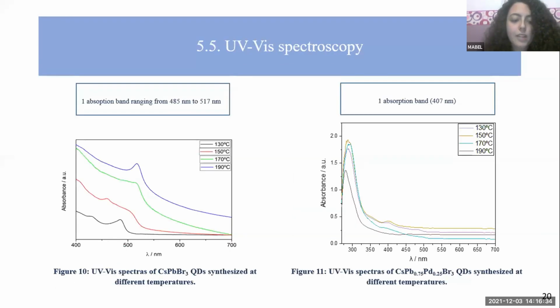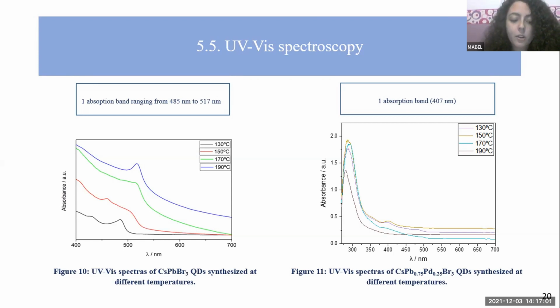To finish the characterization part, I am going to talk about the obtained ultraviolet-visible spectra. As shown in the graph, in the case of cesium lead tribromide quantum dots, we can see one single clear absorption band, which is redshifted from 485 to 517 nanometers as the temperature increases.